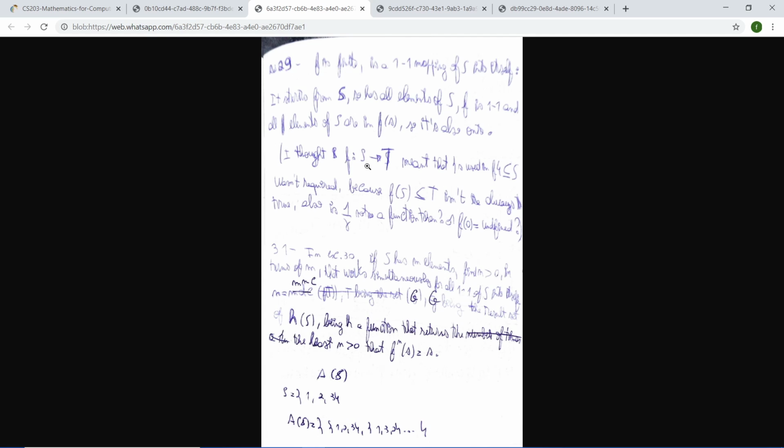Because in T I know that not all have to be used, because if all of them are used, then this is a special function, because we say that the function is onto.